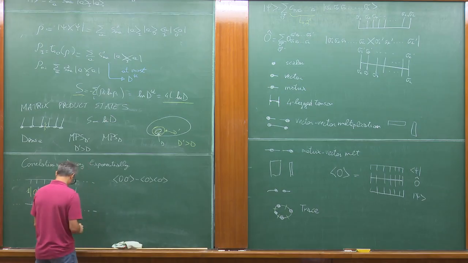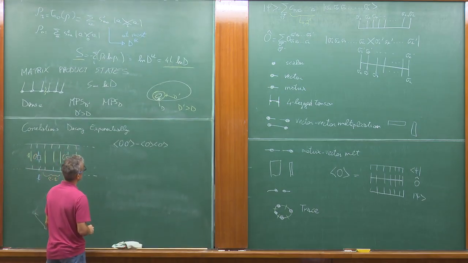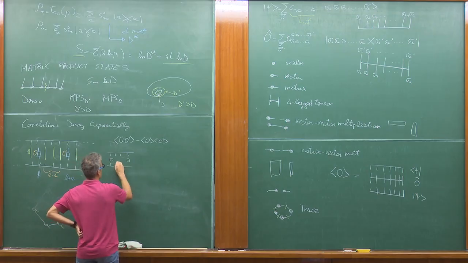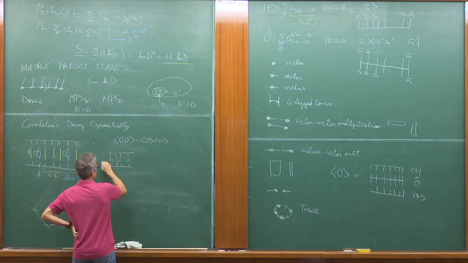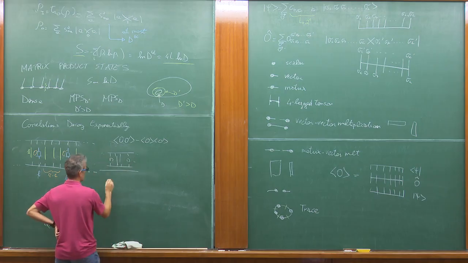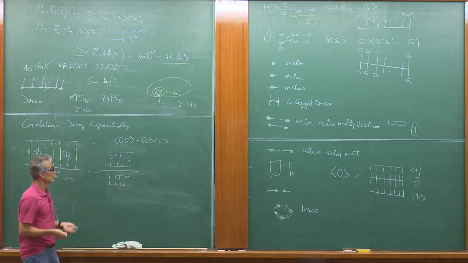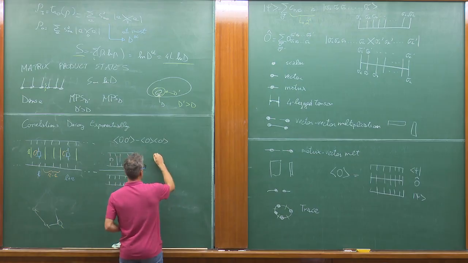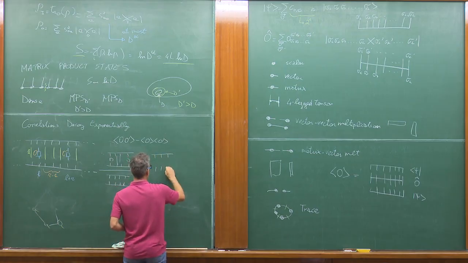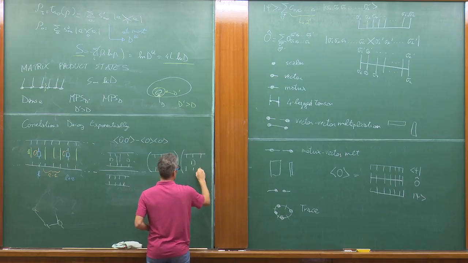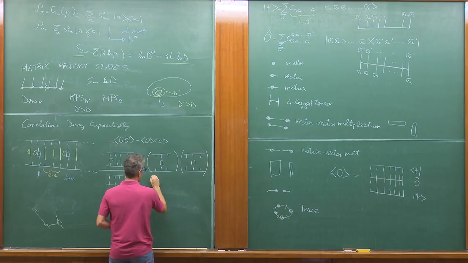Graphically, this would be this, divided by the norm, minus this times this, each divided by the norm.